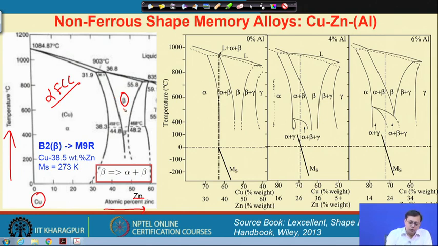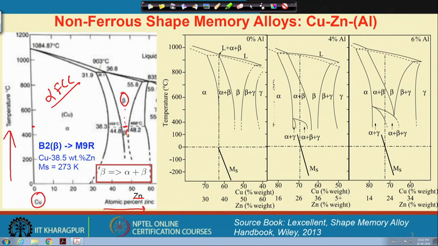If we cool down beta, then at a temperature somewhat above 450 to 500 degrees centigrade, a transformation occurs from beta to beta dash. Here beta dash means an ordered structure of beta.